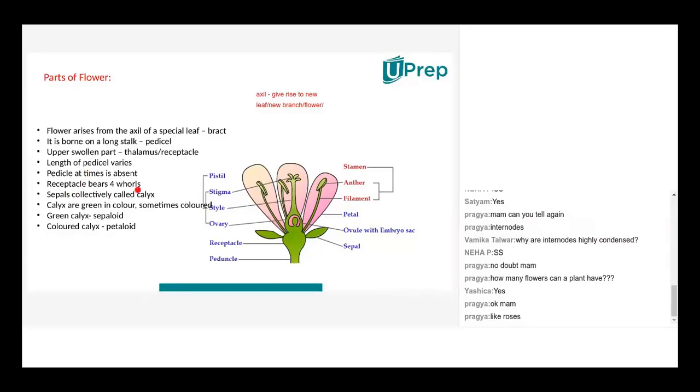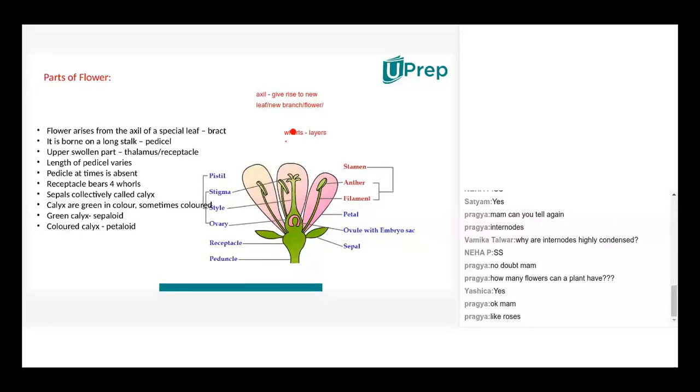Now, the receptacle bears 4 whorls. Now the story begins from here. This is the receptacle area or the thalamus area. From here, it has 4 whorls. Please be acquainted with this word called whorls. What are whorls? Whorls are nothing but layers. Which is the first layer?